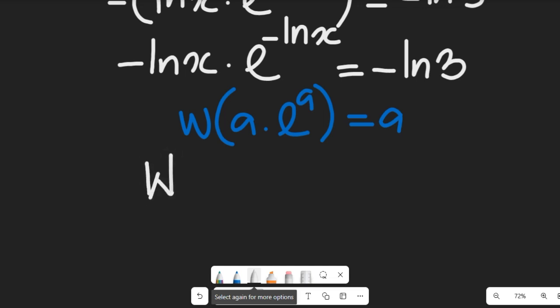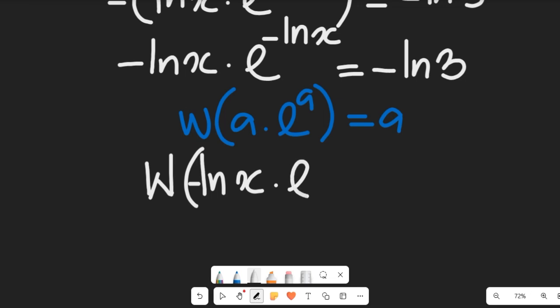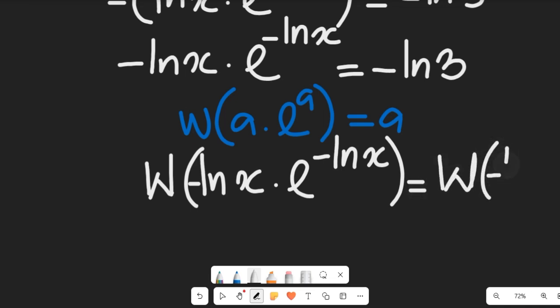Now, if we apply that here, we take the Lambert W of both sides. We have the Lambert W of negative ln of x multiplying the exponent of negative ln of x, and this will be equal to the Lambert W of negative ln of 3, right?